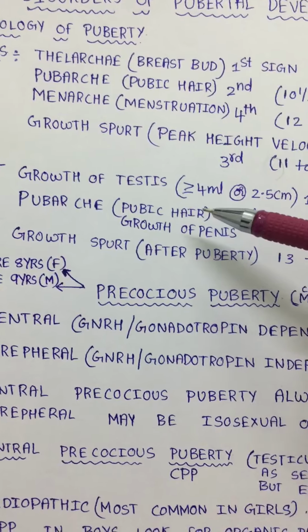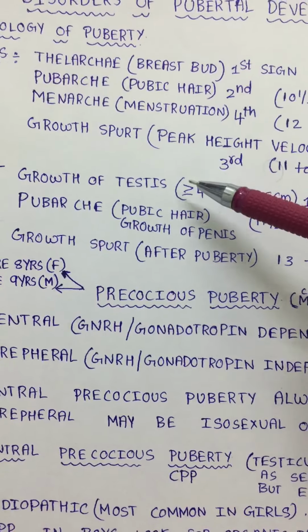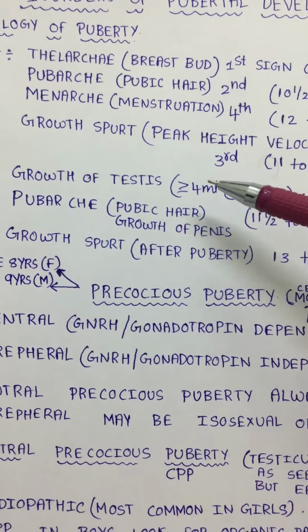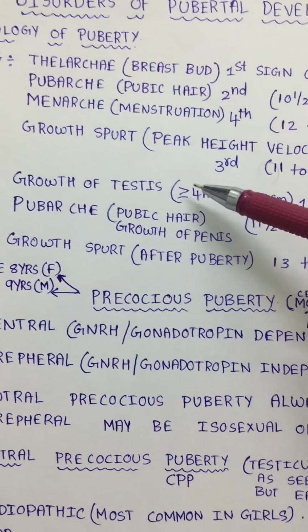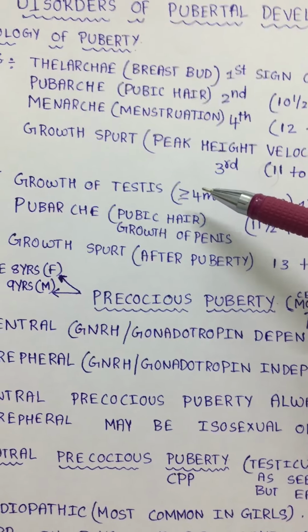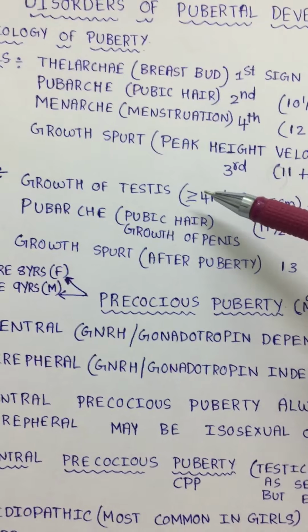In peripheral precocious puberty, the growth of testes will not appear first.